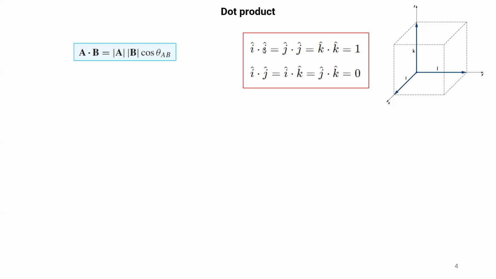When you multiply the unit vectors i by i, j by j, k by k, you get 1 because the magnitude of these vectors is 1. But when you take the dot product of different vectors, you get 0 because the vectors are orthogonal.